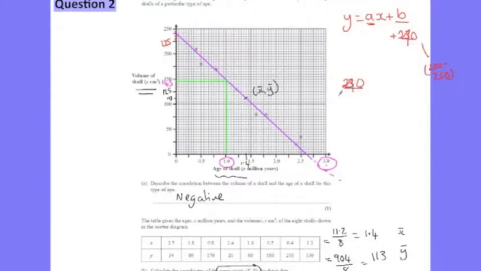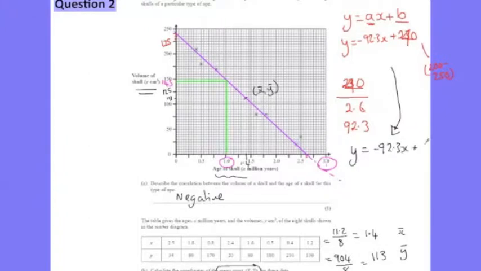So our value here, the difference in y, is 240. Then when we have a look along the x-axis, our value corresponds to 2.6. So 240 divided by 2.6 gives us our gradient of 92.3. This is a negative gradient, so y equals minus 92.3x.